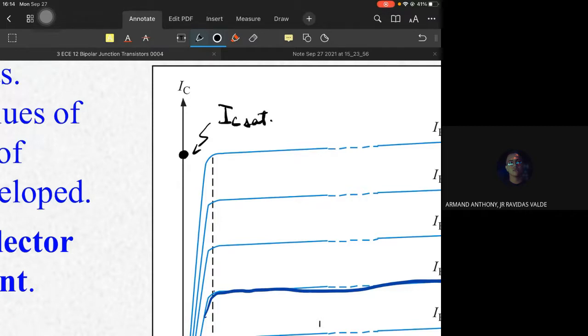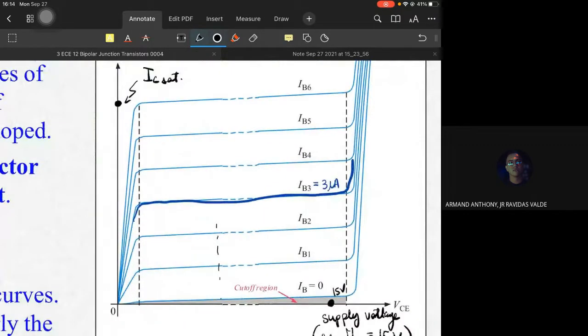And i-connect lang natong duha. So malaging ana.